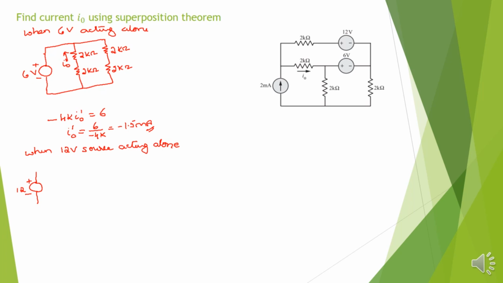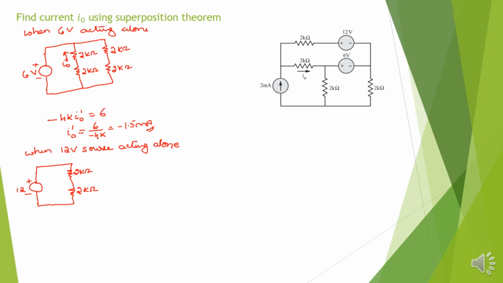So it becomes only this much, 2 kilo, 2 kilo. See here, when this is shorted, these 2 points are the same, meaning zero resistance in this branch, connected across the parallel 4 kilo ohm. So this is no use because the current will flow through the lowest resistance path. So here it is shorted, so this can be neglected.